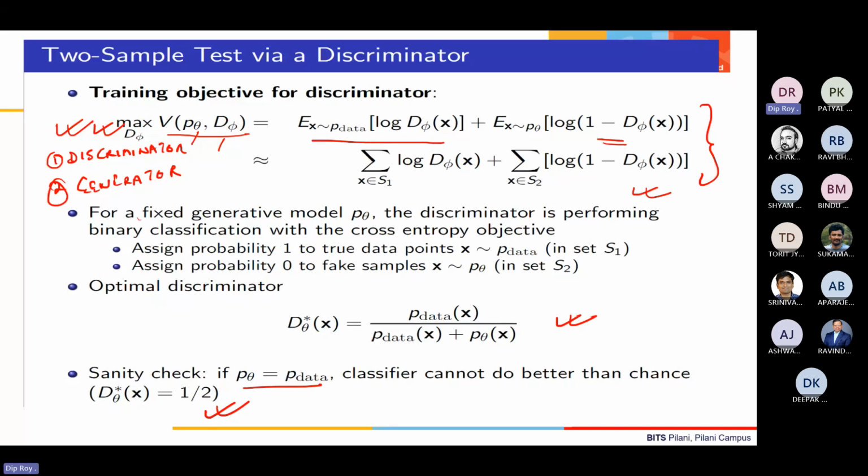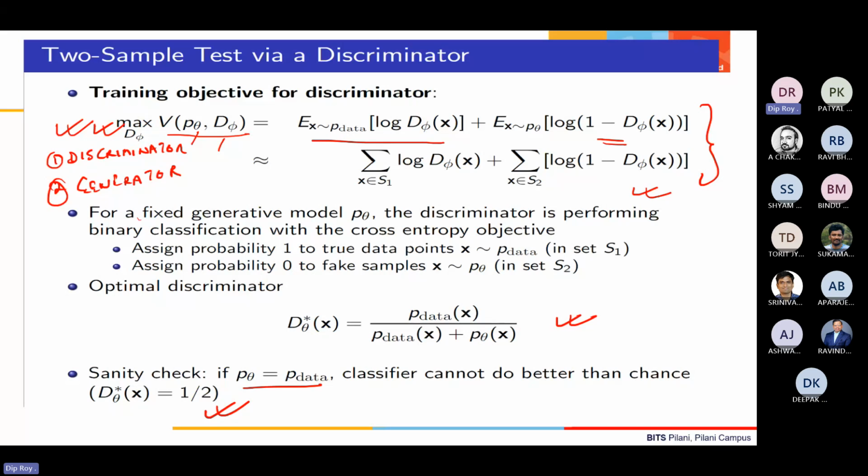So that is the reason why we said, if we can have a discriminator, then we can come up with a GAN setup. The GAN has two neural networks. One is the discriminator, which is nothing but your classic classifier.